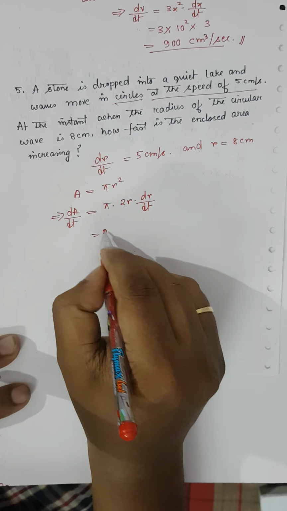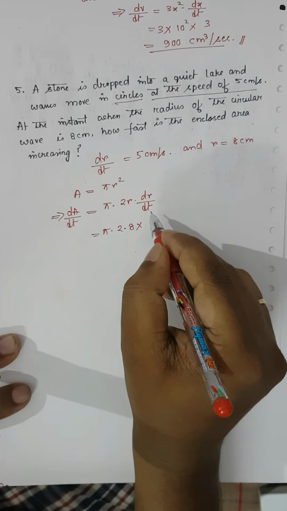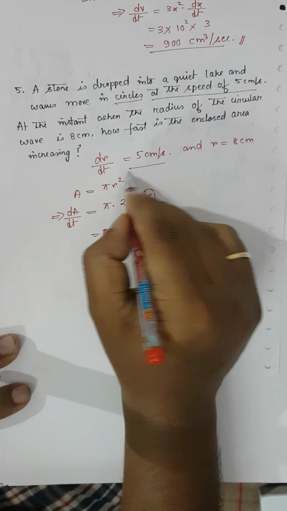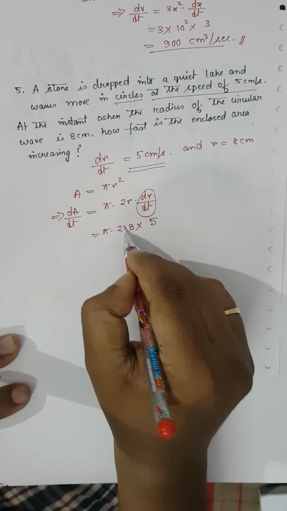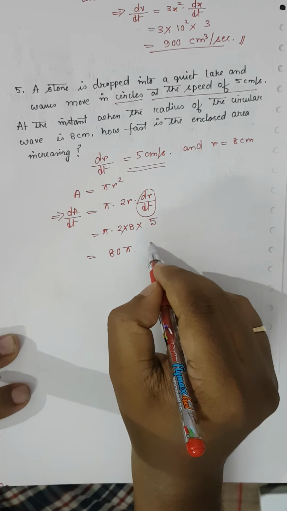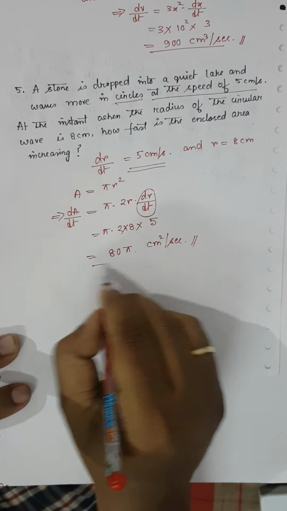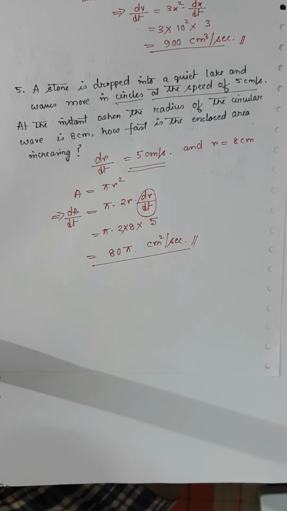Now place the values. Pi into twice r, where r is equal to 8 centimeter, and the value of dr by dt is equal to 5. So multiply by 5, the result will be 80 pi centimeter square per second. It is the rate at which the enclosed area of a circle is increasing.